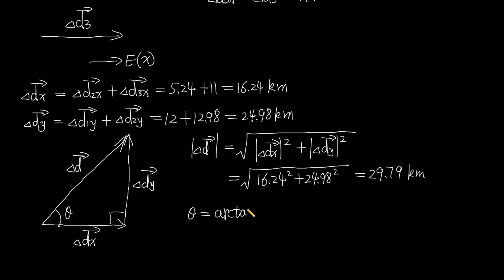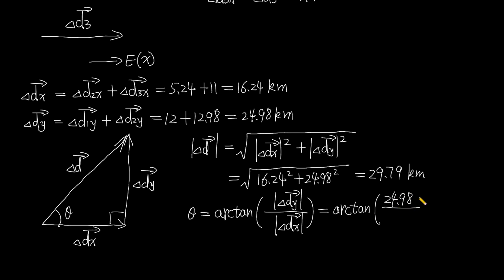And the angle theta equals arctan of the magnitude of delta dy over the magnitude of delta dx. And this equals arctan of 24.98 over 16.24, which equals 56.97 degrees.